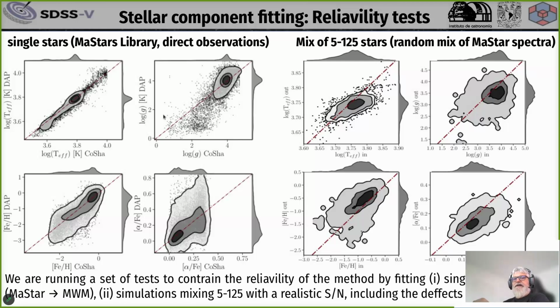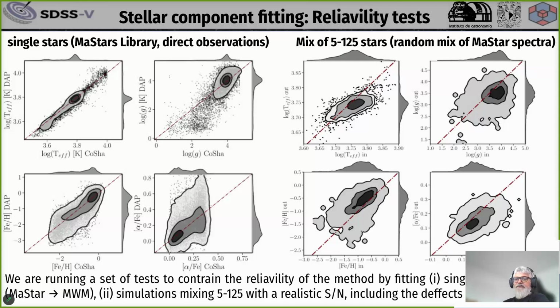We perturb the star library, run with different levels of noise, fit, and recover the parameters with the DAP. The usual result is that the temperature is better recovered than any other parameter. Gravity is recovered well only in a certain range of parameters. The metallicity, the iron abundance, is recovered quite okay, and then you have issues with alpha enhancement.